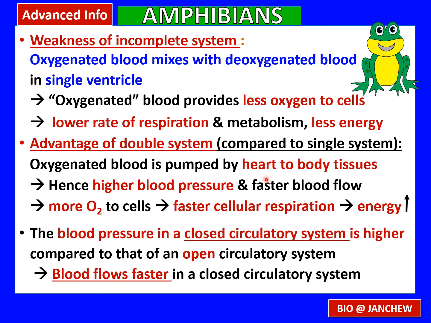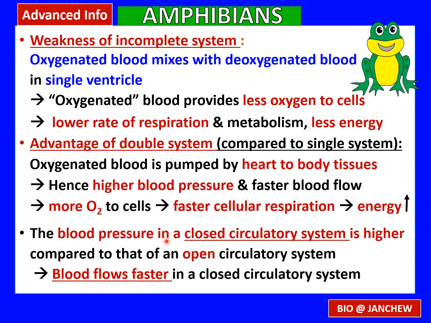Thus, the blood will have higher blood pressure and the blood flow is faster, so that more oxygen is supplied to the body cells for faster cellular respiration to produce more energy for the organism's activities.